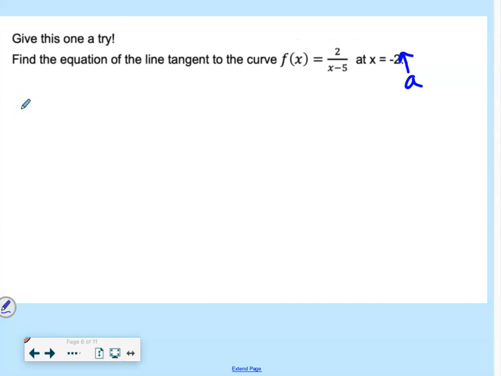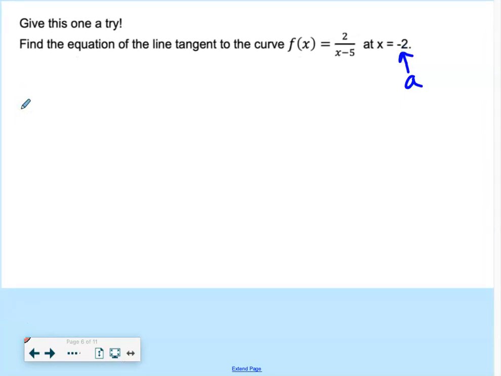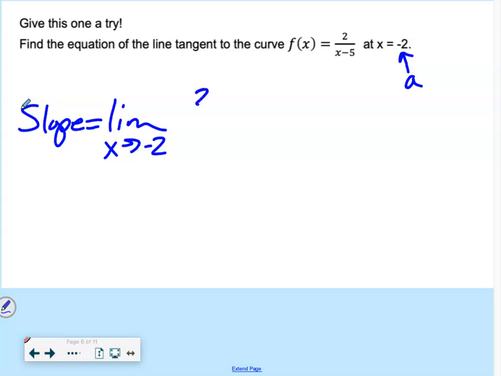We have the limit as x approaches negative 2 of f of x minus f of negative 2. I plug in negative 2 and get negative 2/7. So I'll write this as plus 2/7, over x minus negative 2, which I'm going to write as x plus 2.